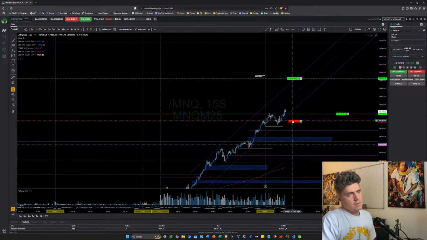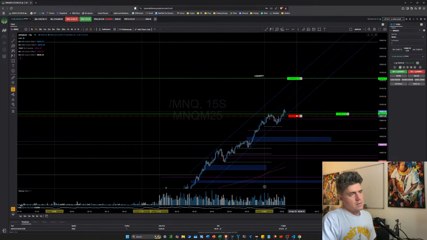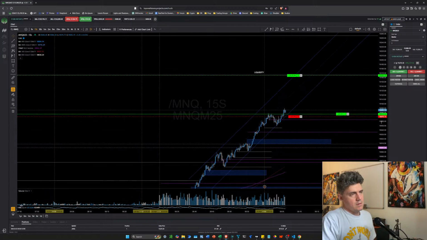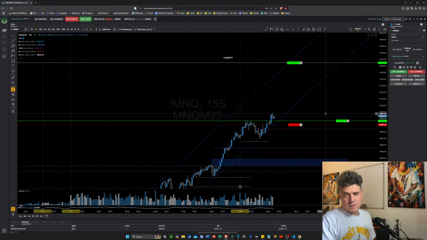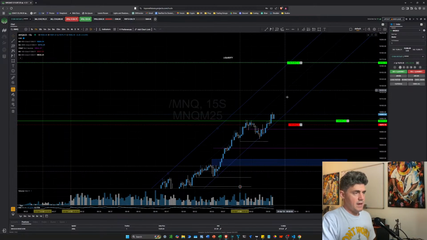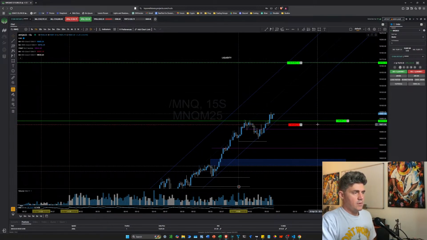Well, we're in the money here. How much more momentum does this bad boy have in it? High of day is where I think we're going. I really should set and forget this trade.